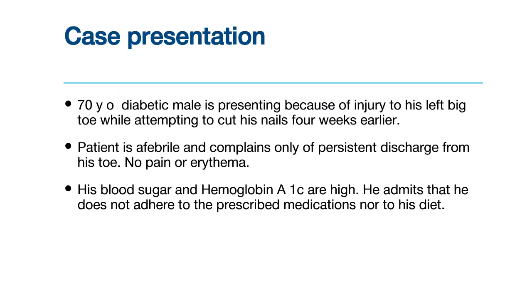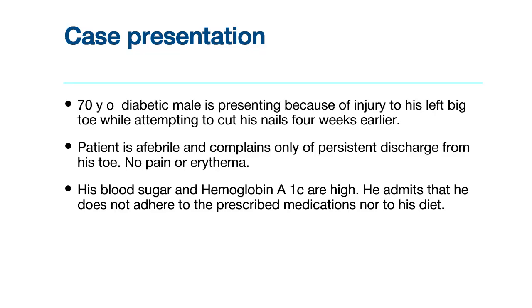I will illustrate the discussion by this case presentation. The patient is a 70-year-old diabetic male who is presenting because of injury to his left big toe while attempting to cut his nails 4 weeks earlier. Patient is afebrile and complains only of persistent discharge from his toe.